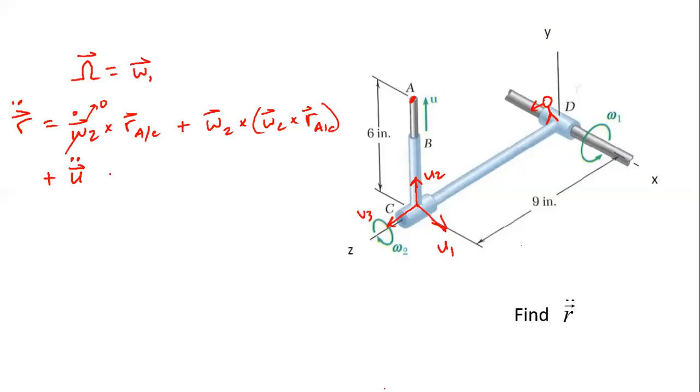Then you also have to look at how the U is going upwards. Right now it's going up, but that's our VREL.